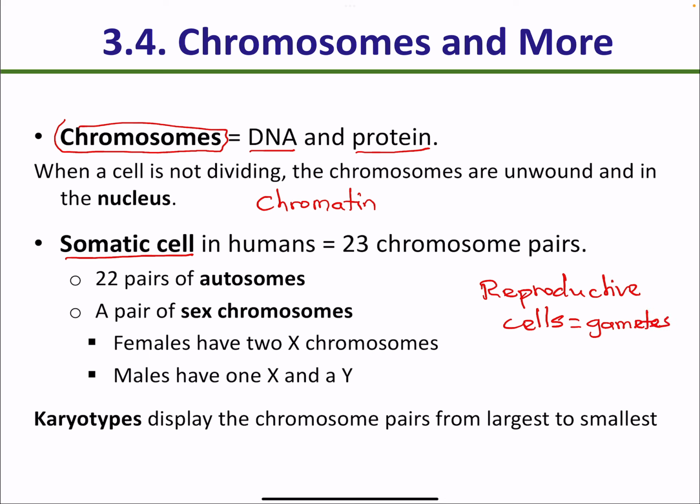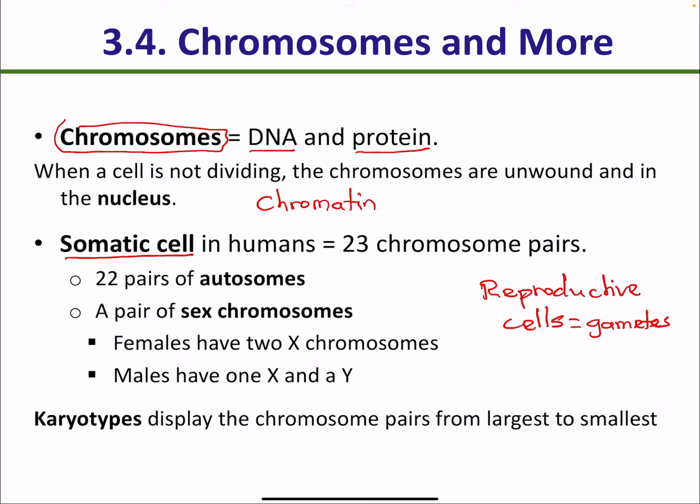All right, now, the somatic cells in your body, for example, your skin cells, your liver cells, your bone cells, your white blood cells, have 46 chromosomes or 23 pairs of chromosomes. 23 that you receive from your mom and 23 that you receive from your dad. So together it's 46.